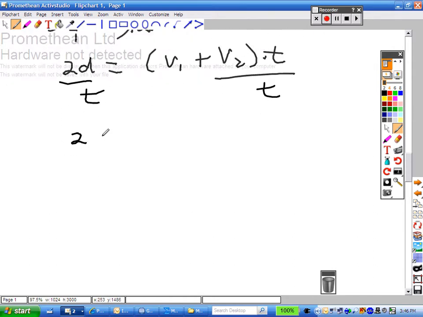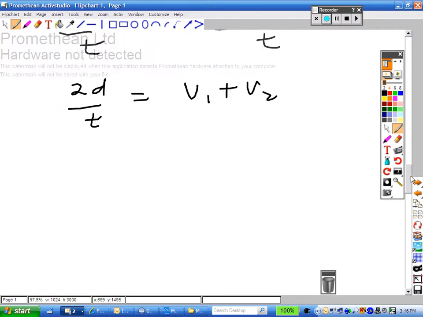Then you have 2d divided by t equals simply v1 plus v2. Notice the parenthesis is not necessary. And the last step simply will be to subtract v2 from both sides. Then we have 2d over t minus v2.